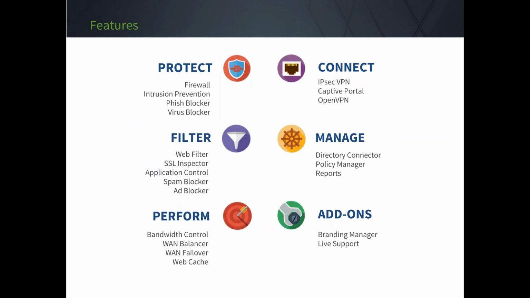So the right network security solution is going to provide you all of these different key areas. So we've got protection, we've got filtration, performance is always key. That really is what keeps you up and running and keeps your mind in the right place.